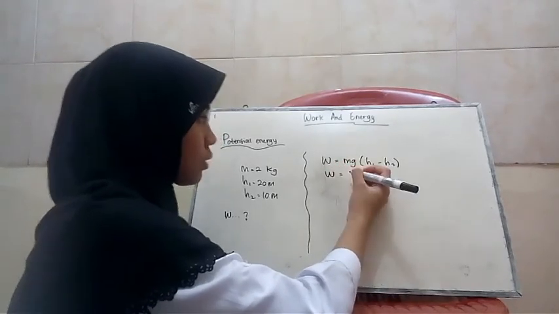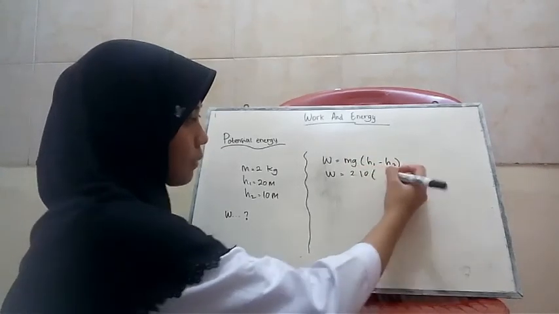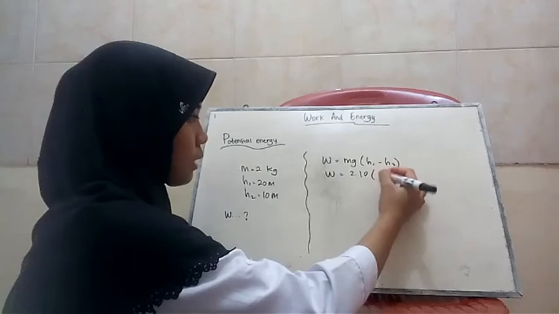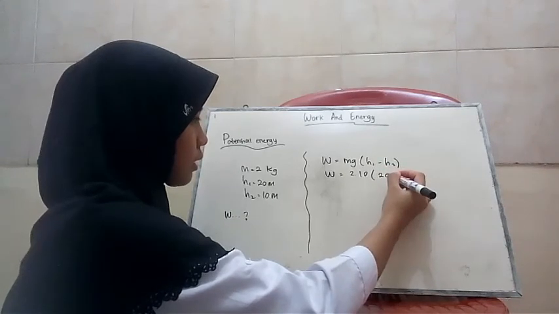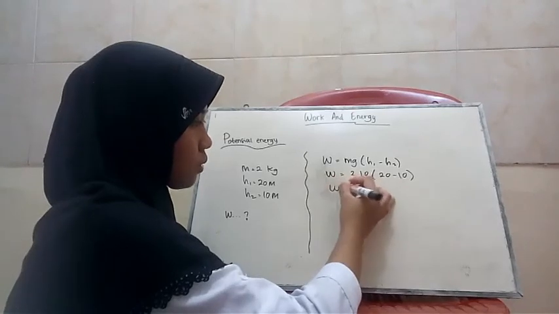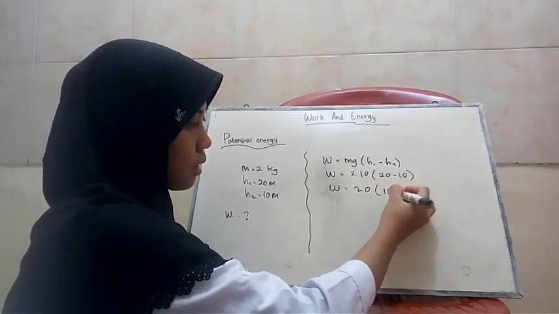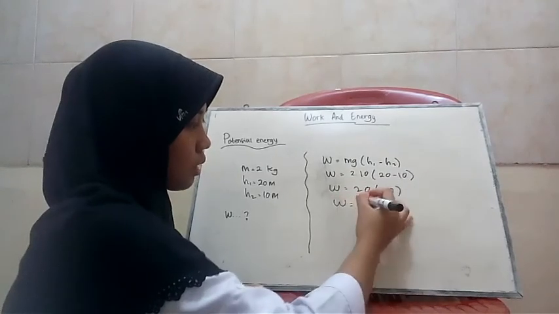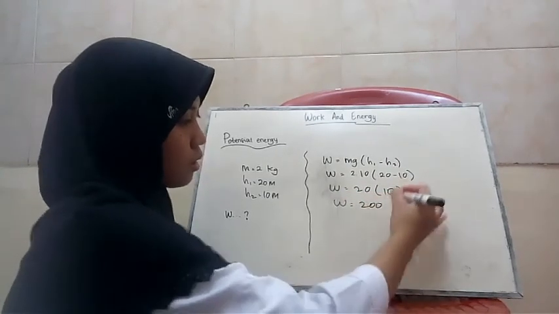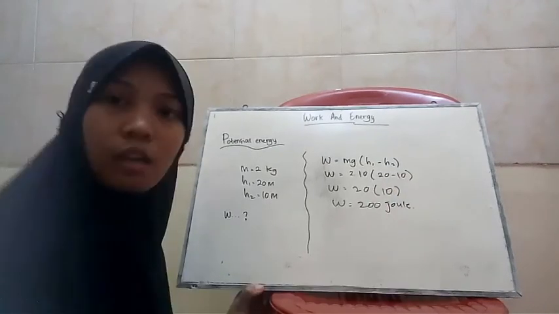So W is 2 times 10 times 20 minus 10. So work is 20 times 10, so work is 200 joules. Finish.